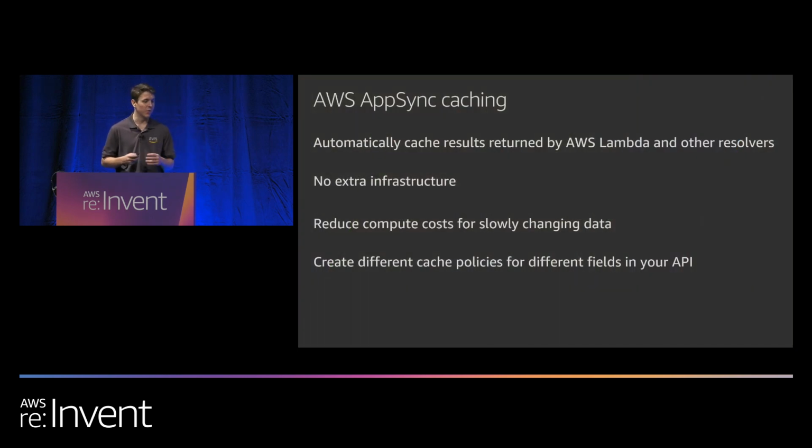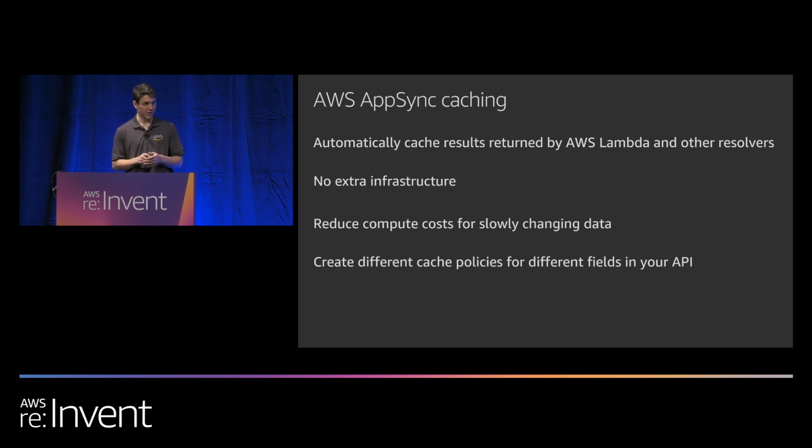So, a summary of what we just said: we'll automatically cache results. There's no extra infrastructure. This can help reduce compute costs, especially for slowly changing data. In the Lambda world, we're saving invocations. Even if you're using HTTP resolvers and running on things like EC2 or ECS, you can still reduce the amount of load that's going to be put onto specific compute options.